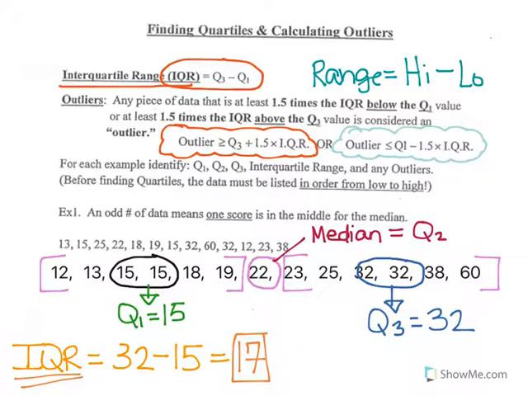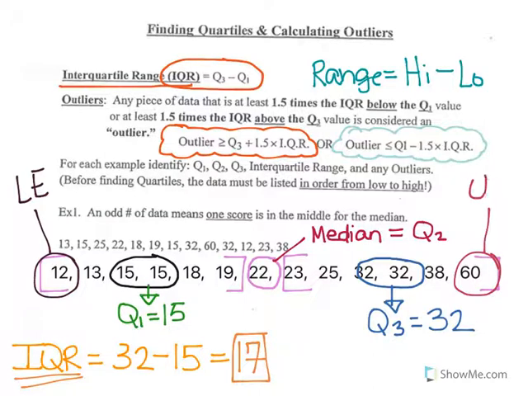Okay, the other things that we're going to eventually get into is the lower extreme and the upper extreme. So the lower extreme is the lowest number of your list, which is 12. So we can just label that LE for lower extreme. The upper extreme is going to be the largest number in our list.